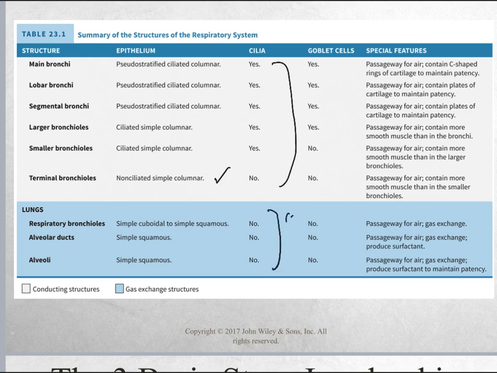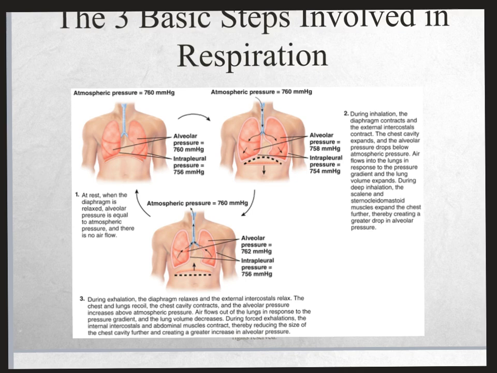Let's write this in: conducting. This is respiratory. We see a switch over to our modified epithelium: simple squamous epithelium. Again, exchanging gases. Gas exchange, gas exchange. That's our key here. So we continue to look at the three basic steps involved in respiration.